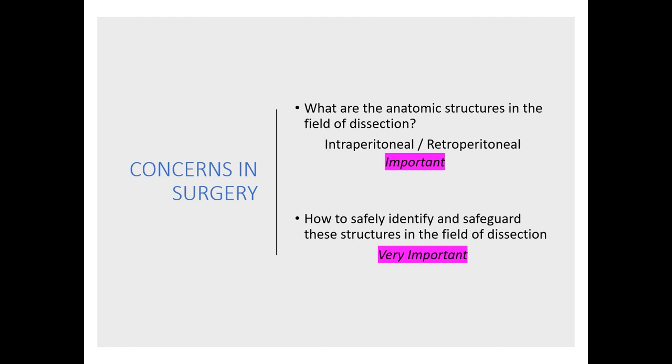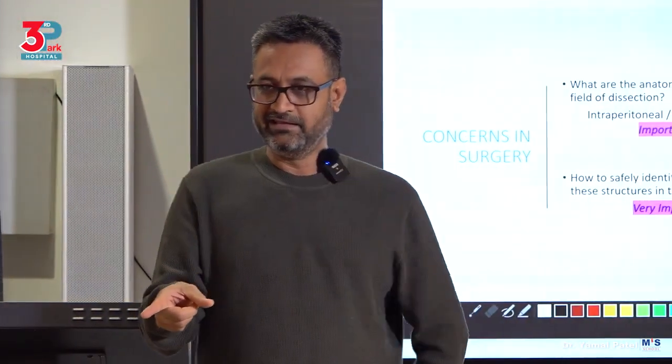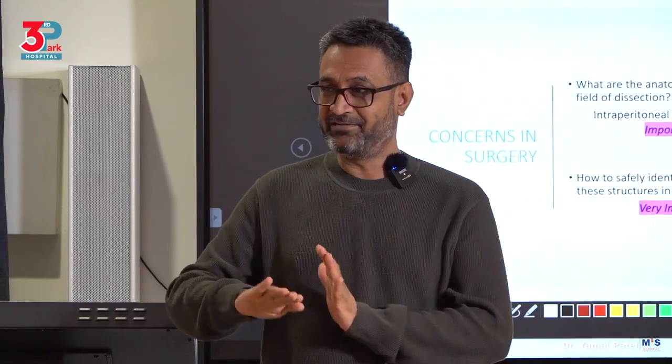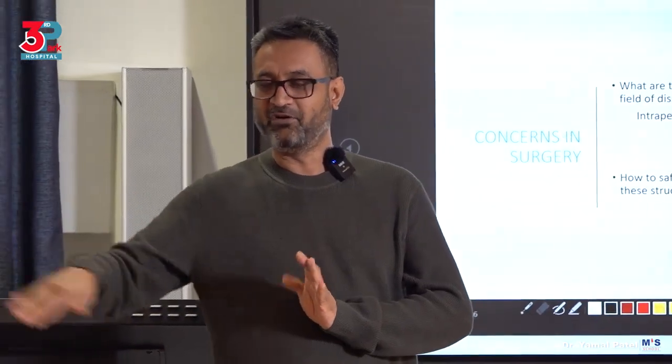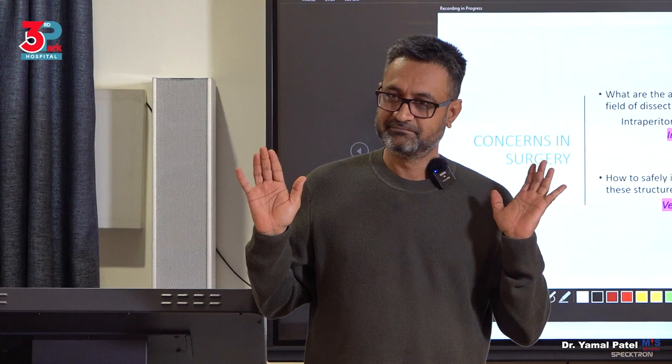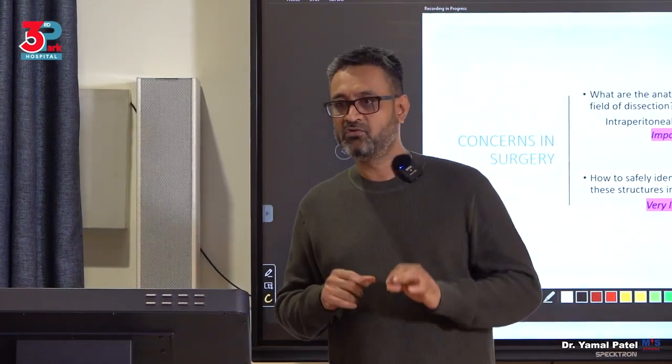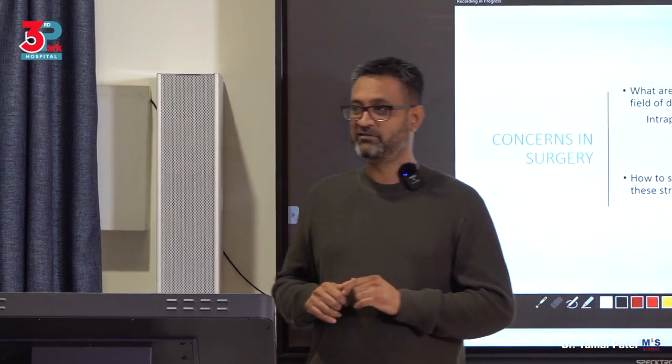But even more important is, how do I safeguard these structures in my field of dissection? It's not enough for me to know the ureter is here. It's even more important to know how I am protecting this ureter by pushing it off my field. So it's important to know where it is. It's more important to know how to protect it.